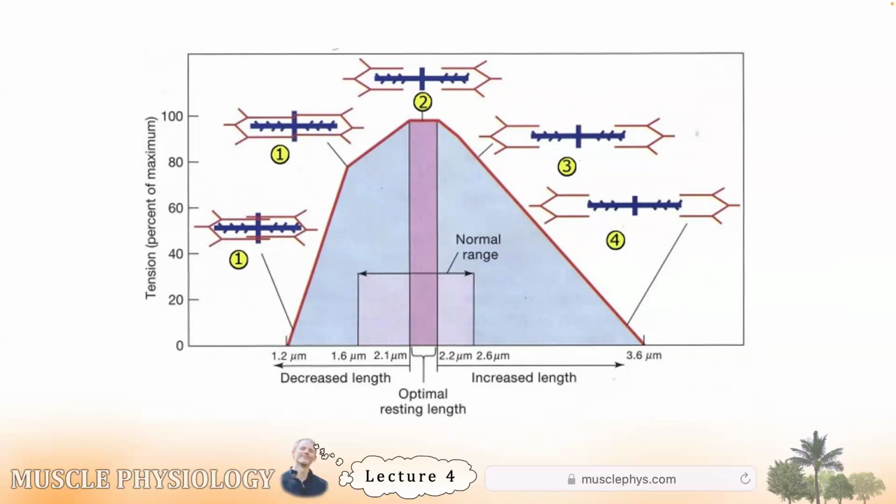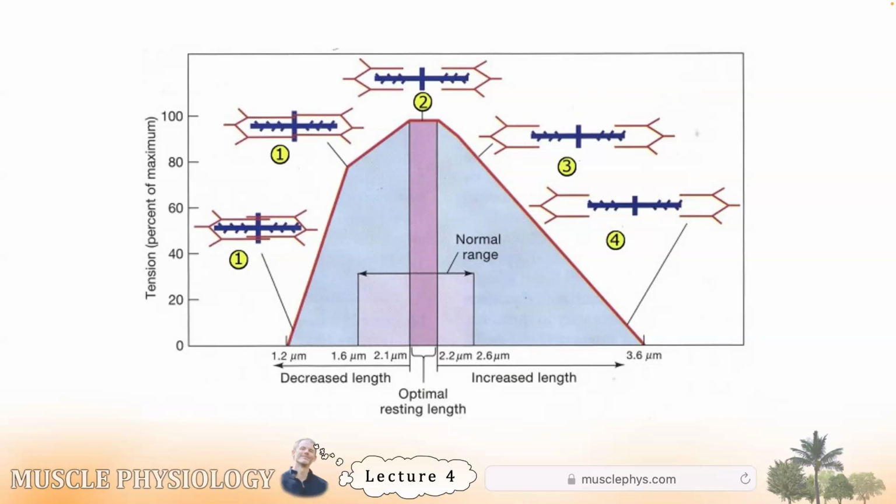Contract it a bit though, and you'll be able to produce more force because there's more overlap between the actin and myosin. More myosin heads can reach the binding sites on actin. In the middle of the range of motion, you tend to be able to produce the most force. But if you keep contracting, keep flexing that bicep until your hand meets your shoulder or nearly meets your shoulder, then it'll be weak in that position too.